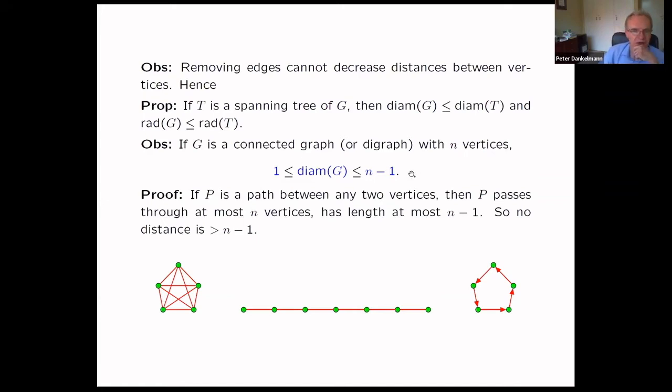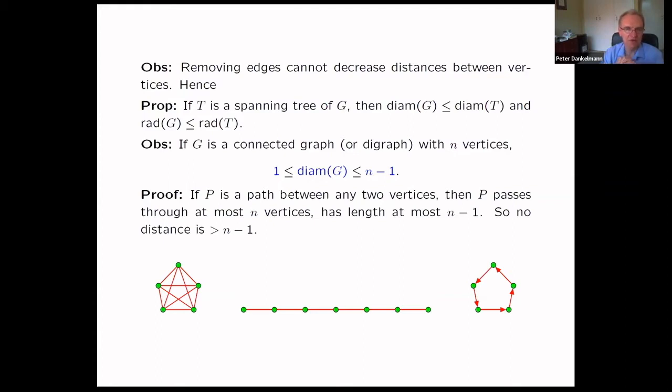Okay, so let's quickly start with really elementary bounds. And these bounds are on distances. The first one is on the diameter. And that's something that is really quite easy.